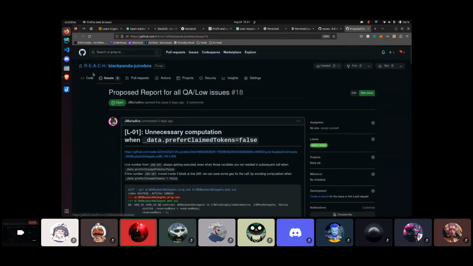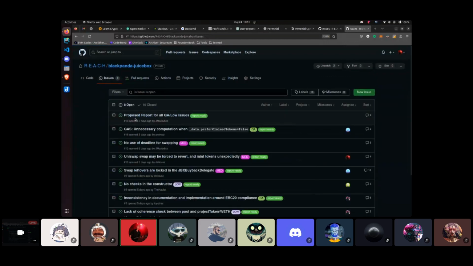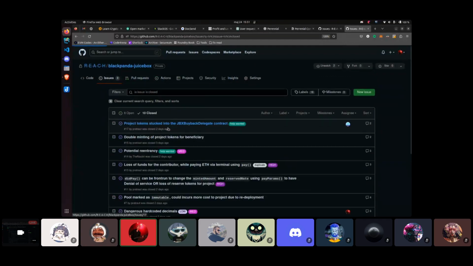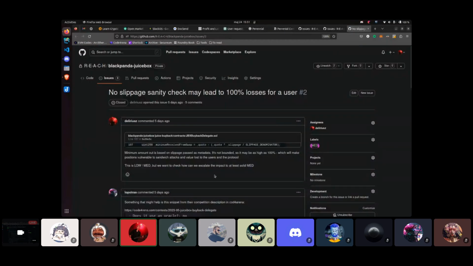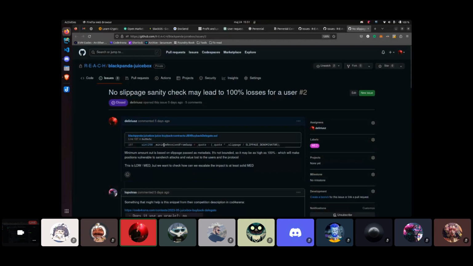So yeah, those are all the issues we actually pasted. We had some hints, for example, that you may have 100% loss because the minimum received from the swap is based on slippage. Slippage is set on the front end and passed to the smart contract.